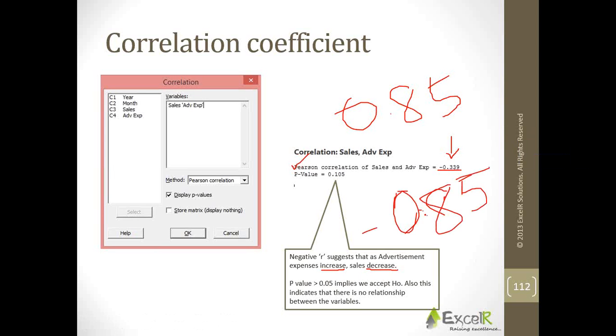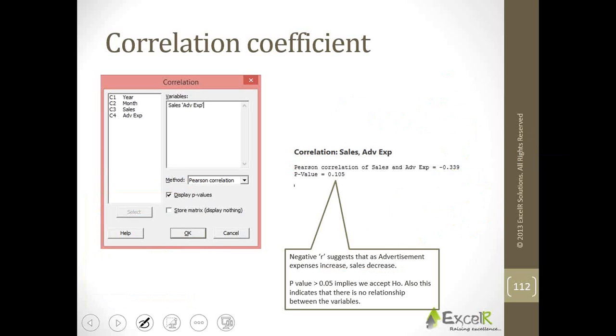You might be circulating pamphlets. We don't know, that might be a scenario. So positive or negative 0.85 means there is a strong relationship. With the negative sign, we can conclude that there is a negative relationship, but the value is far away from 0.85, so the relationship is not at all strong. It is a weak negative relationship.